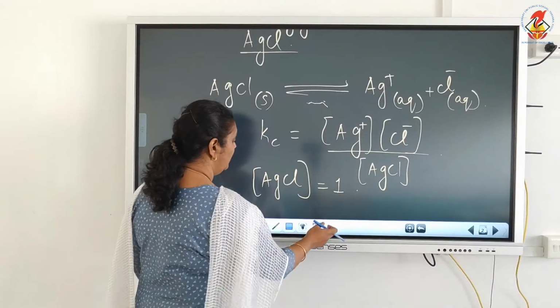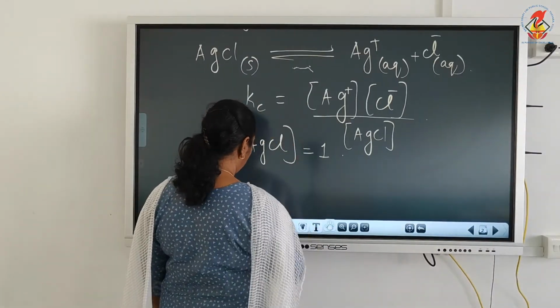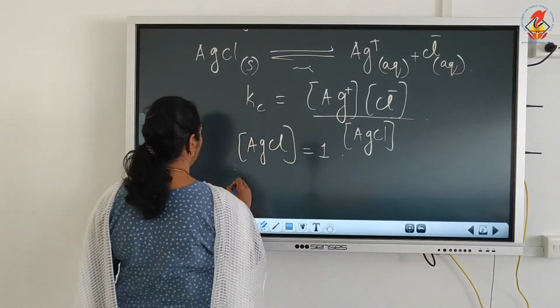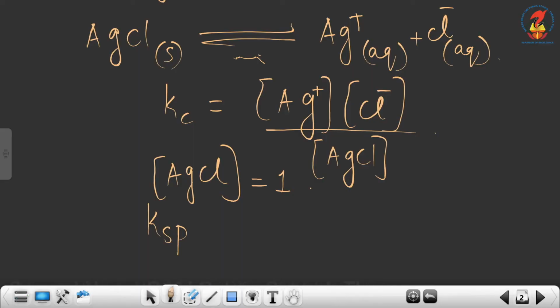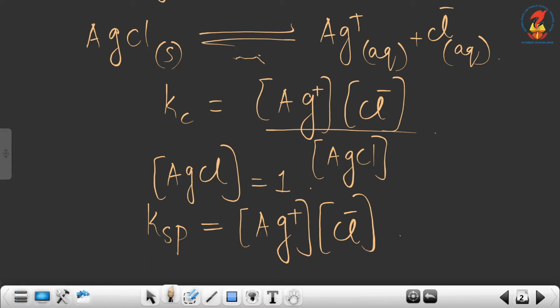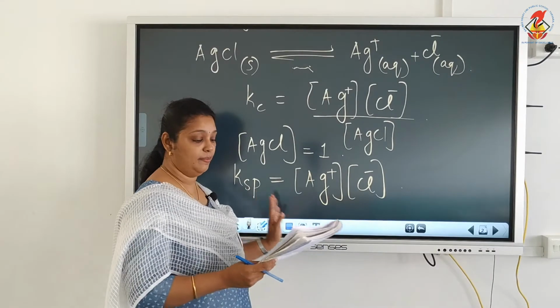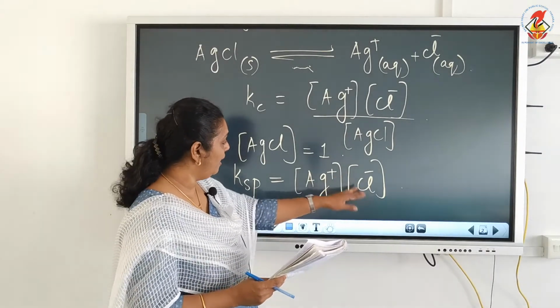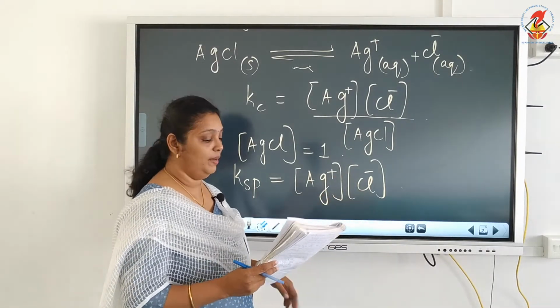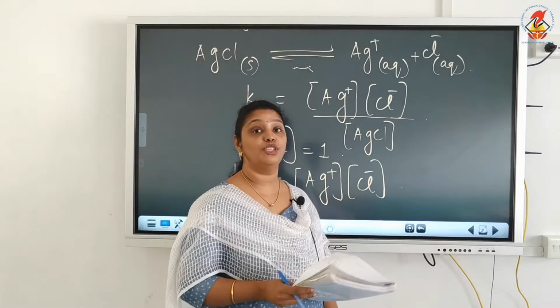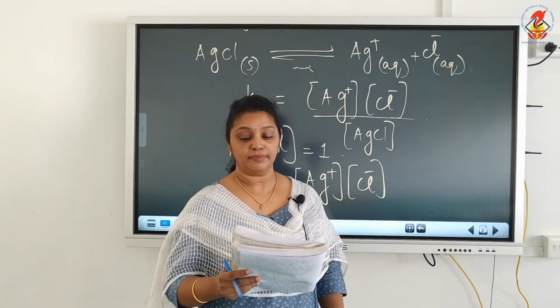So that 1 is incorporated with Kc to give a new constant, Ksp, called solubility product. So we can write the expression for Ksp as the product of molar concentration of Ag plus and molar concentration of Cl minus, or we can say Ksp, the solubility product, is equal to the ionic product of Ag plus and Cl minus for a saturated solution.